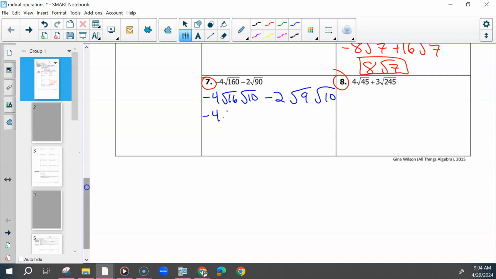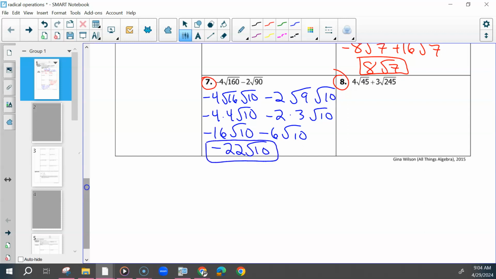So we have negative 4 times 4 root 10, minus 2 times 3 root 10. So negative 16 root 10, minus 6 root 10. And that final answer would be... questions there?